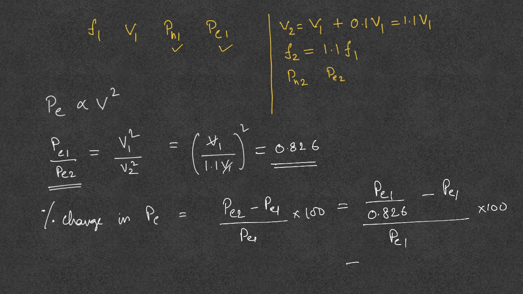If you calculate, PE1 will be cancelled because it is there in both the numerator as well as the denominator. So this will be equal to 21%. So there is a 21% rise in the eddy current losses.